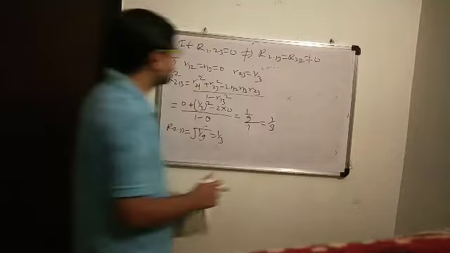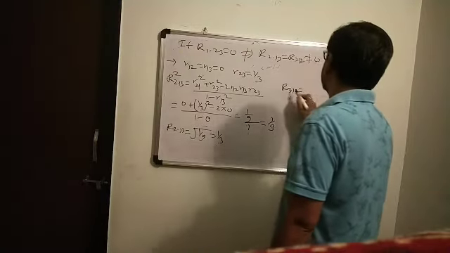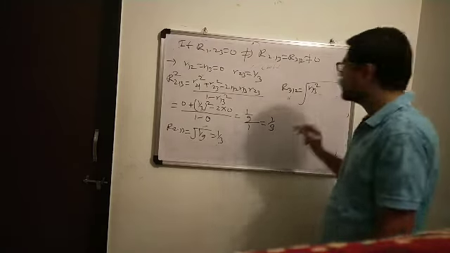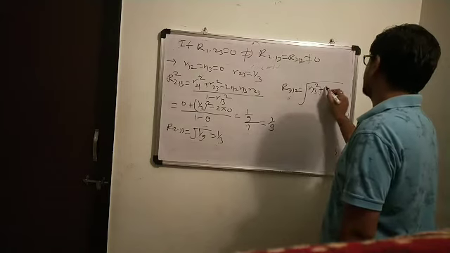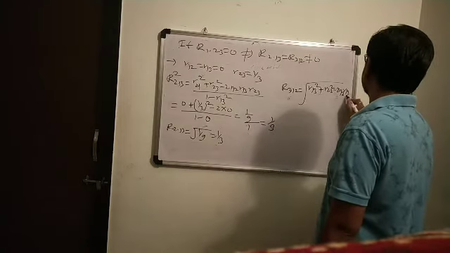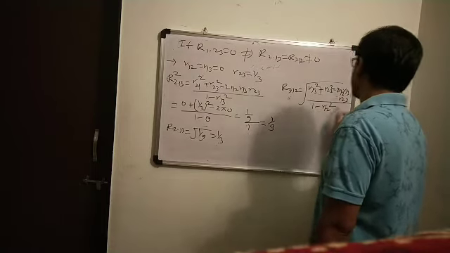So in case of R3.12, it is the square root of R13 square plus R23 square minus 2 times R12, R13, R23 divided by 1 minus R12 square.